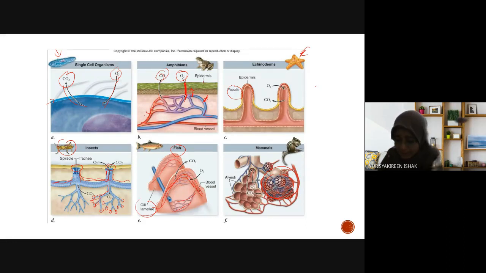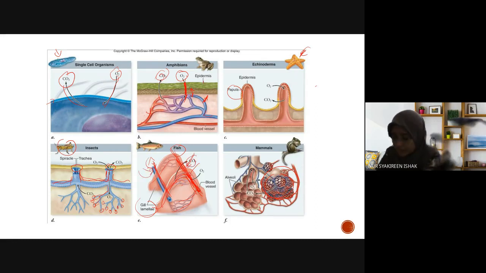As you can see, blood will carry carbon dioxide, carbon dioxide will be released and oxygen will enter from the water into the blood to be carried throughout the body. So this one carries oxygen rich blood, this one carries oxygen poor blood, the blue side here.